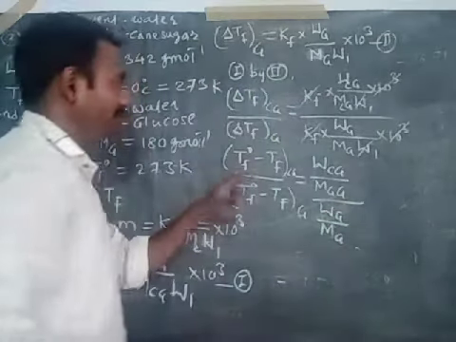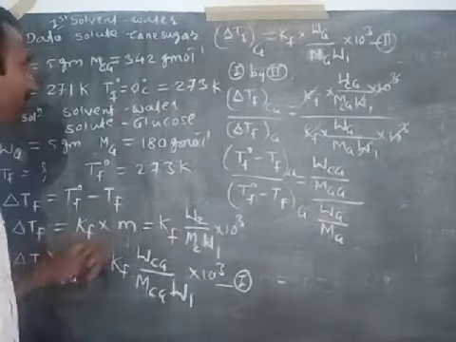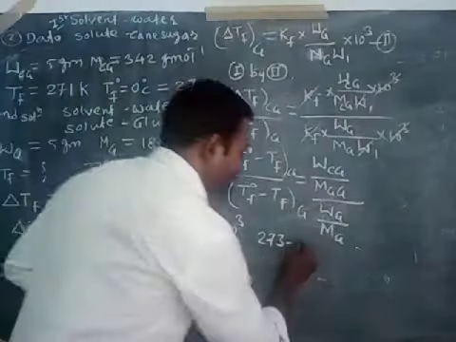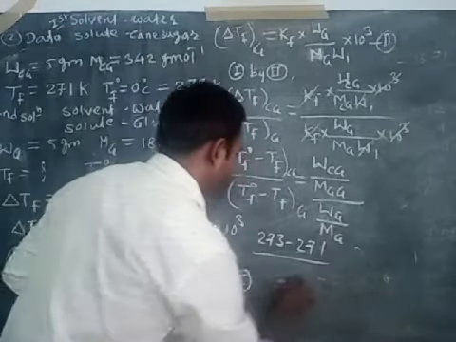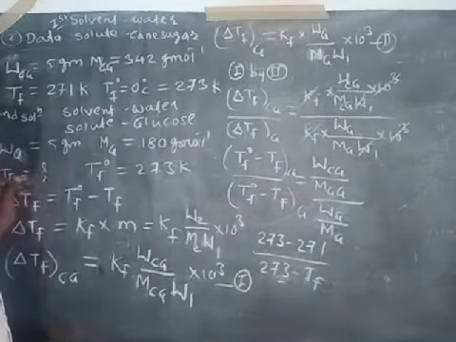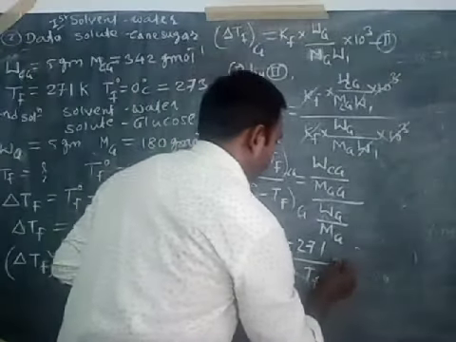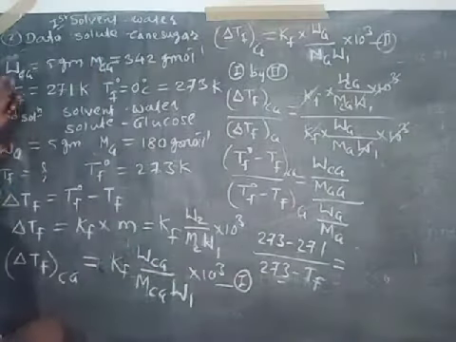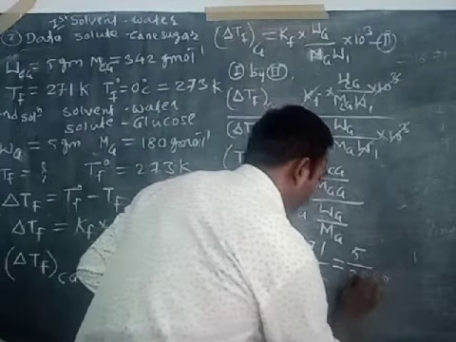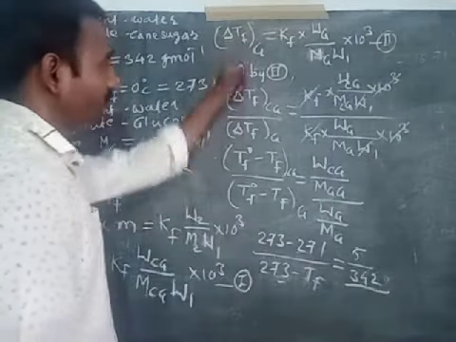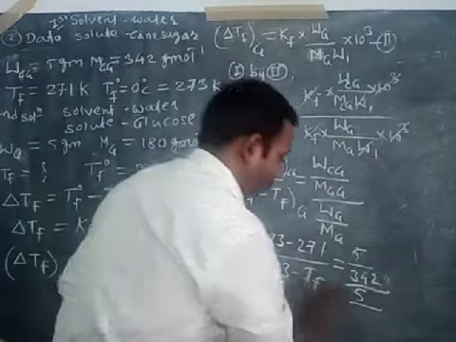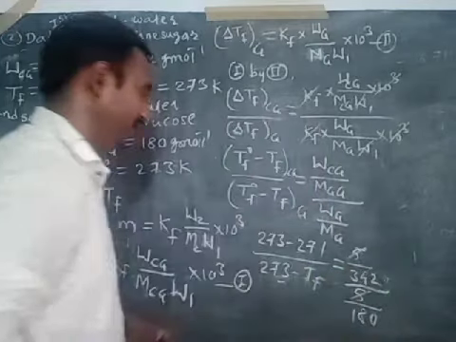Now put the values. T0F having value 273 minus TF value 271 for the cane sugar, upon T0F again 273 minus TF, because we are going to calculate the value of TF for the second solution, is equal to WCg, which is 5 gram, that's why 5 divided by MCg having value 342, upon Wg, that is also 5, Mg, molar mass of the glucose, is 180. The 5s get cancelled.